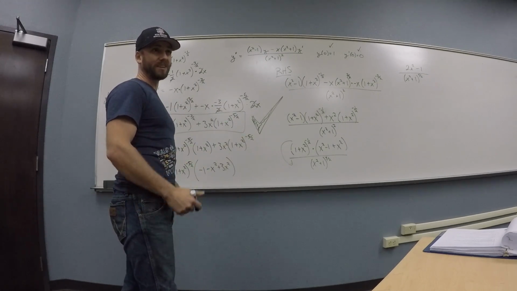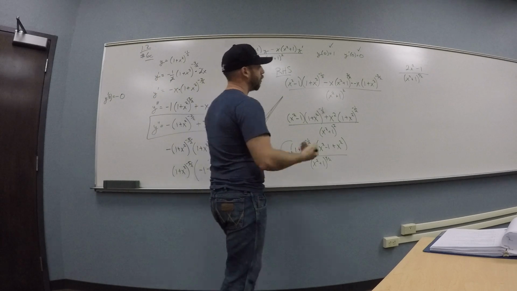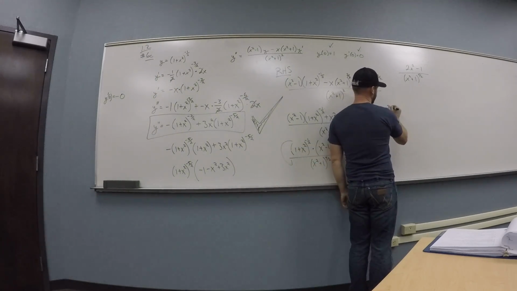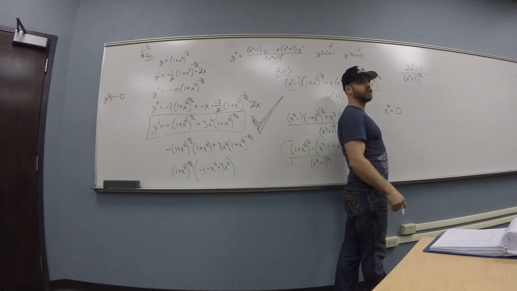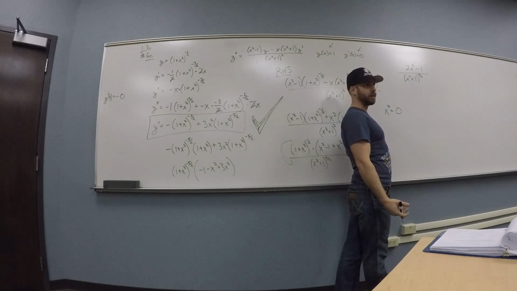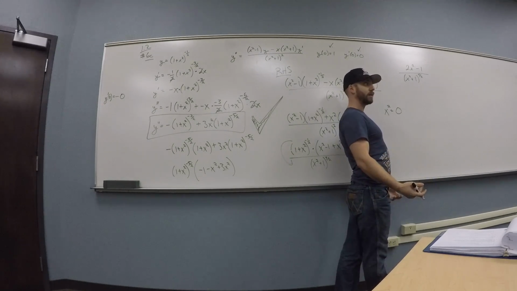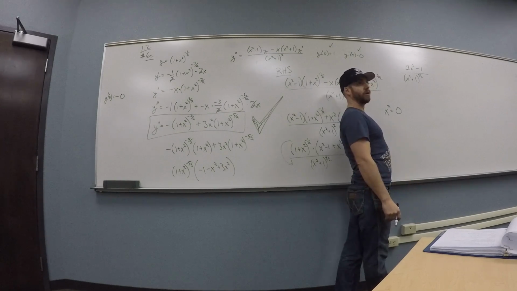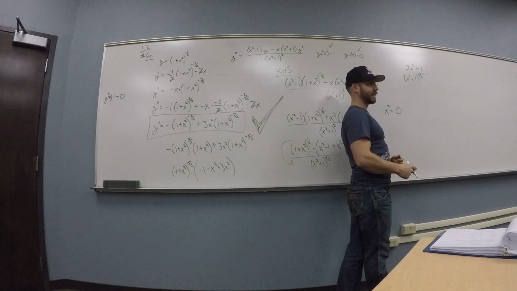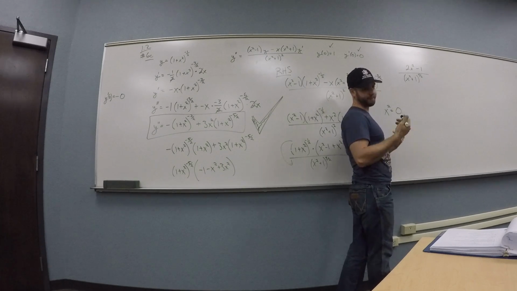The reason I don't like to do that is because it's not really kosher. When students get to x squared equals 0, they're like, cool, I'm done, x is 0. But those aren't identically the same functions.